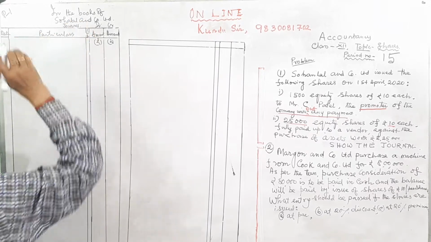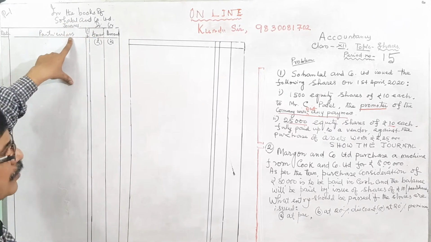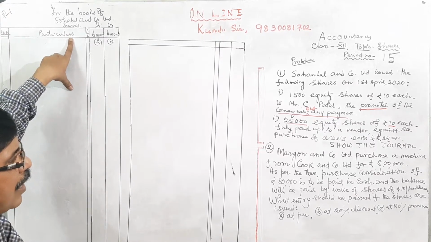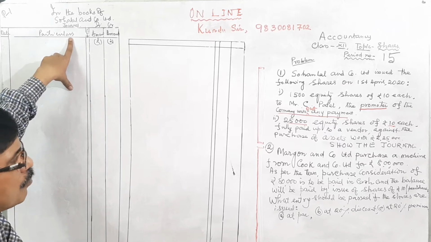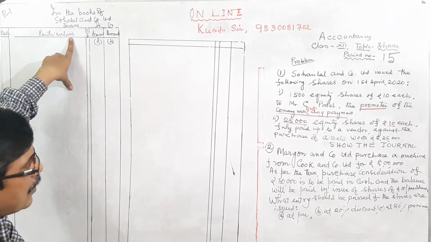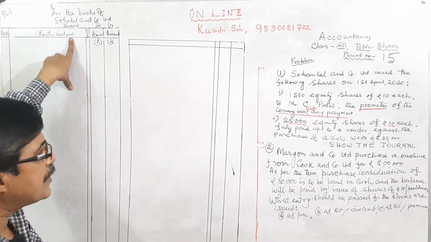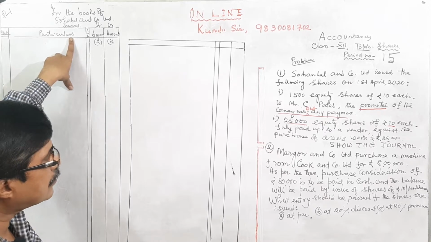First entry: the company is issuing shares to Mr. C. Patil as a reward for the promotion of the company. So it is a part of incorporation.